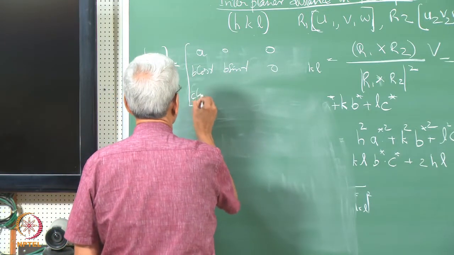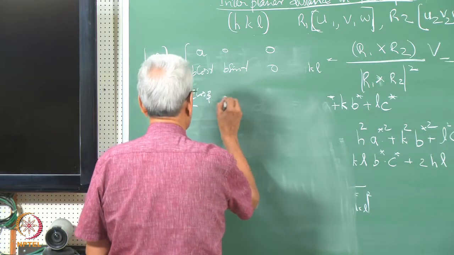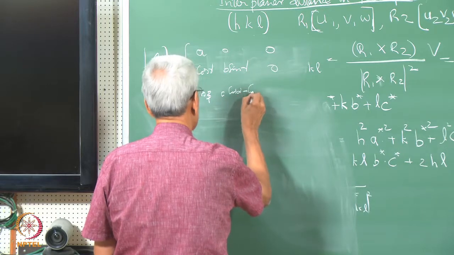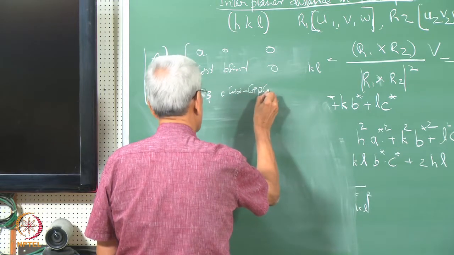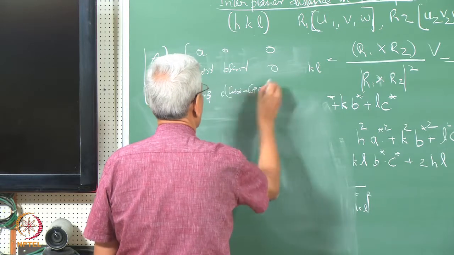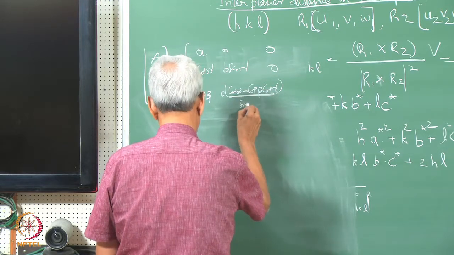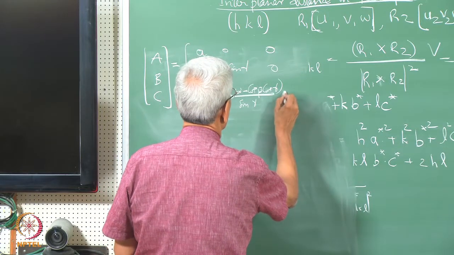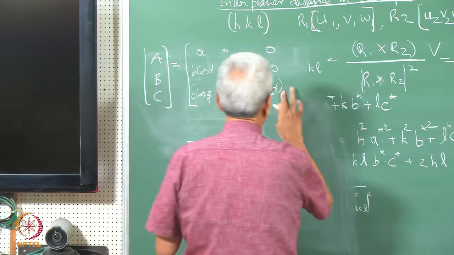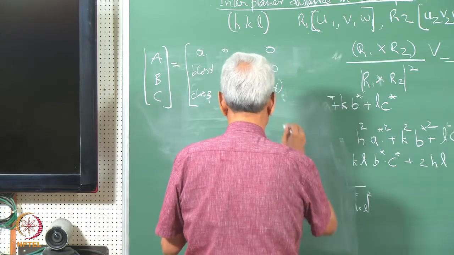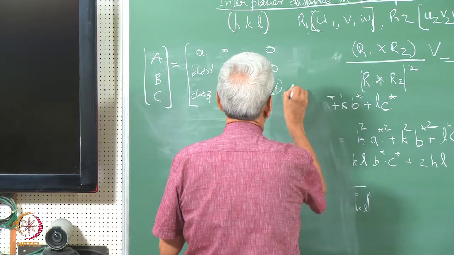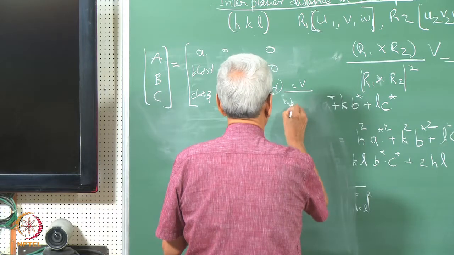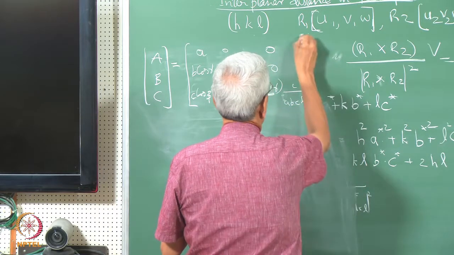This is C cos beta, C cos alpha minus cos beta cos gamma by sin gamma, plus, no. Here it will be CV by ABC sin gamma.